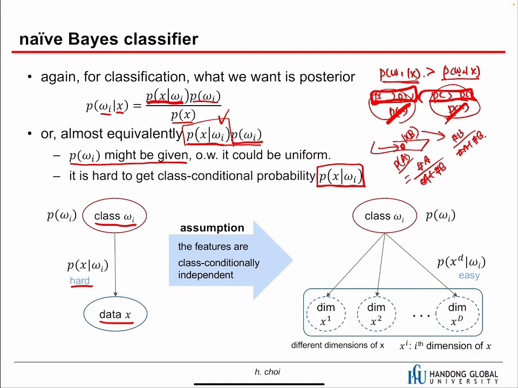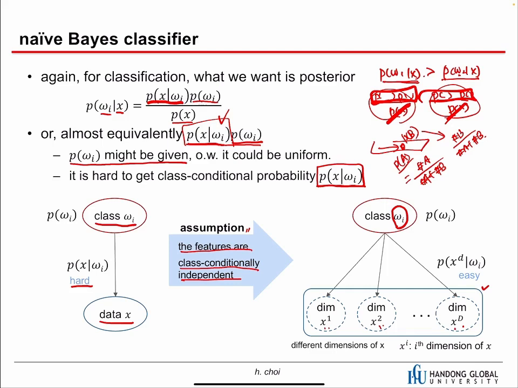To make it simple, we take one assumption, which is that the features are class conditionally independent. If the class is given, so we know this class, then feature 1 and feature 2, this one is one vector, so these are the dimensions. All these dimensions are independent.